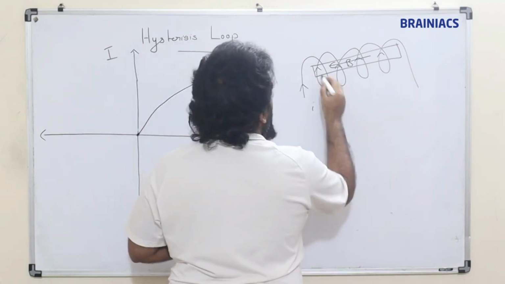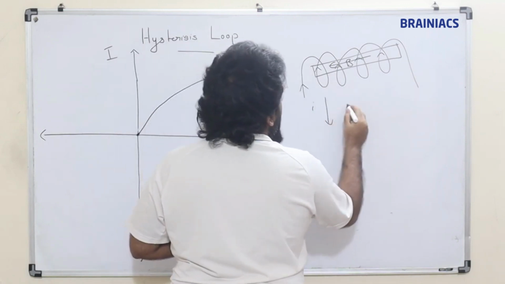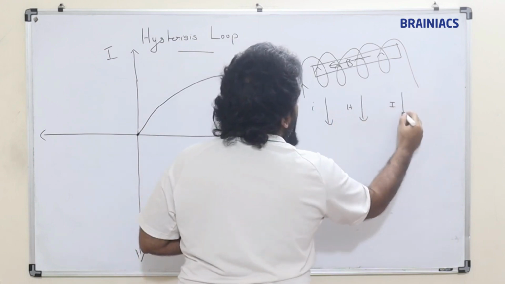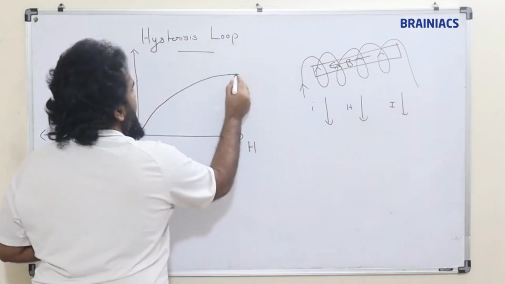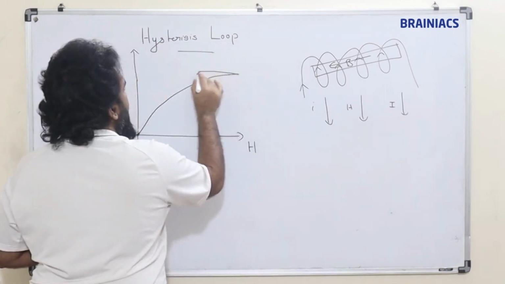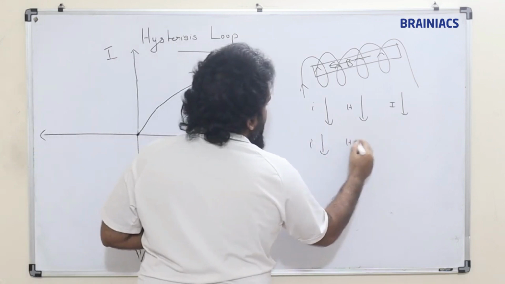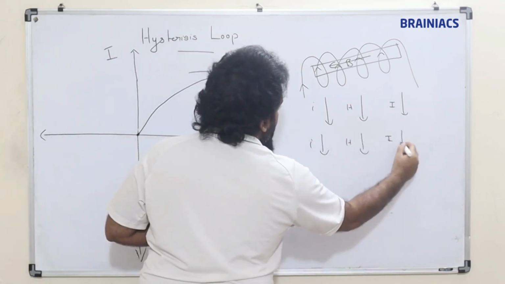Now we will decrease the current, so H also will decrease, and I will also decrease. We have started decreasing this. H is decreased, I is also decreasing.